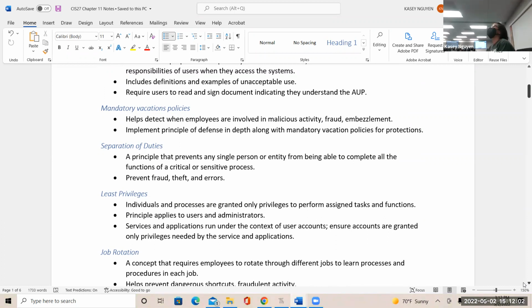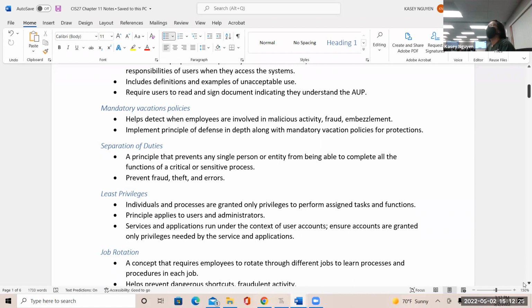A lot of companies have major employees, like the people who handle a lot of the tasks in operation, like managers or executives, and sometimes they don't take vacations for years. And when they do, you start to find out issues. Things are missing, reports are not being documented, stuff like that.